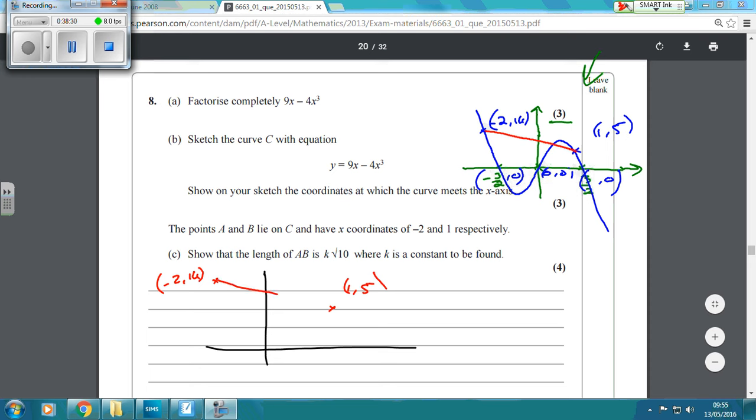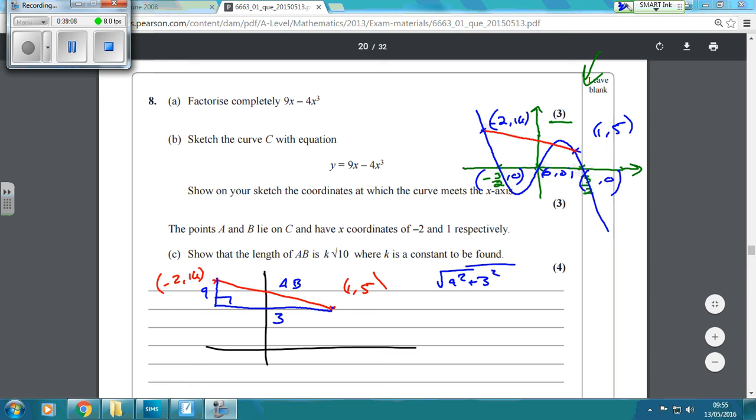So to work this out here, we use Pythagoras. So we look at the change in height and the change in horizontal distance, make it a right angle triangle. So this is -2 across, and this is 1 across. So that's going to be a horizontal distance of 3. This one here is 5 up, this one up here is 14 up, so that's a vertical distance of 9. So the length AB is going to be the square root of 9 squared plus 3 squared.